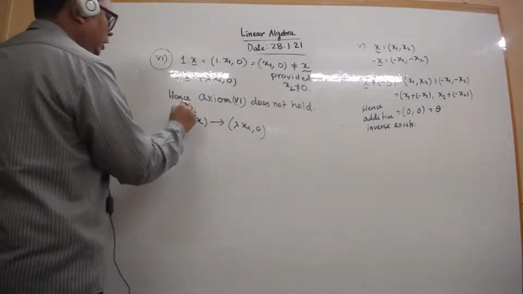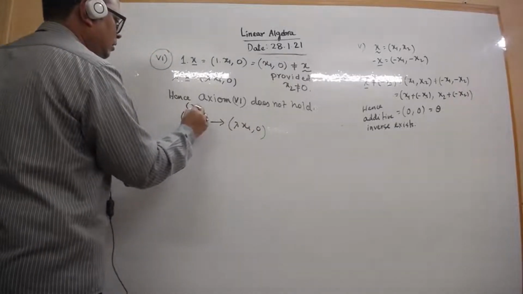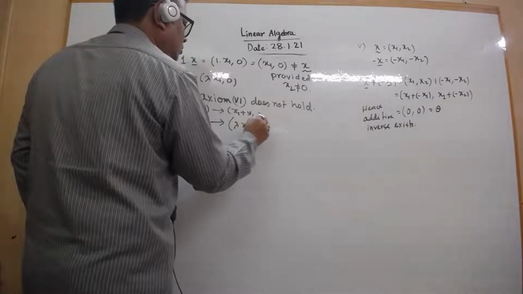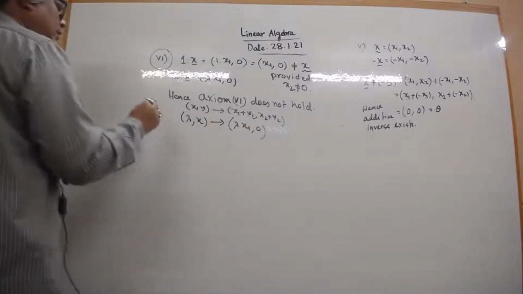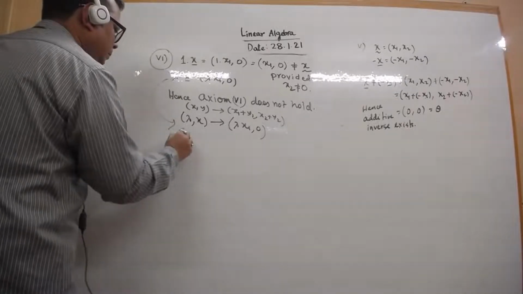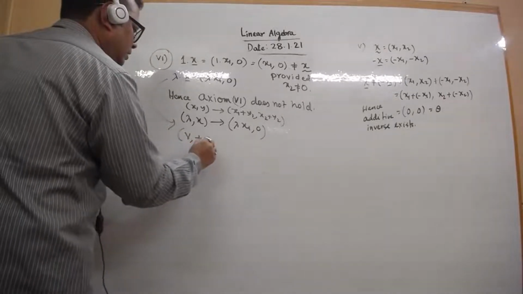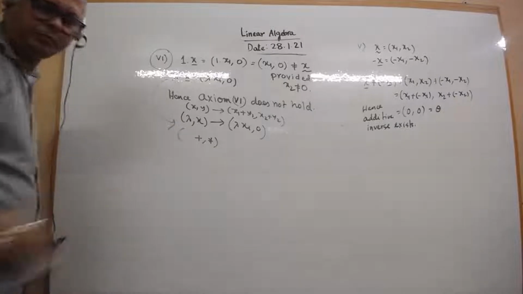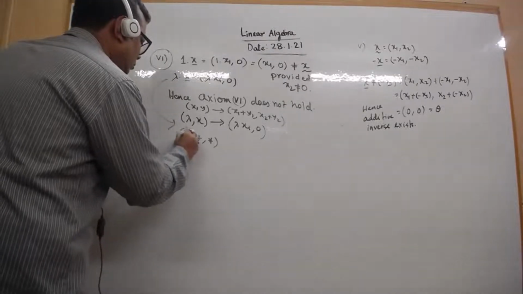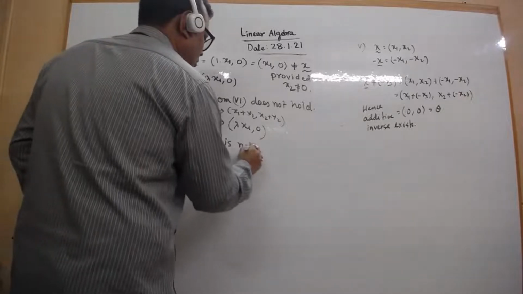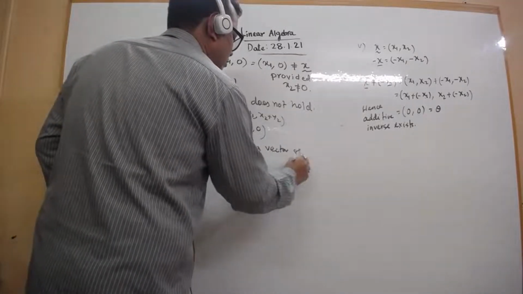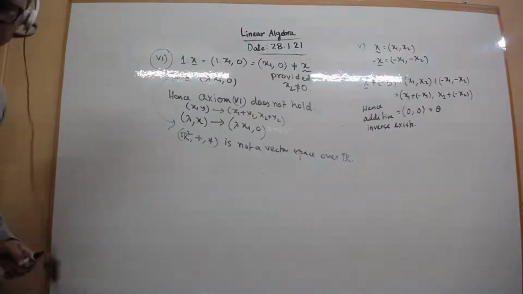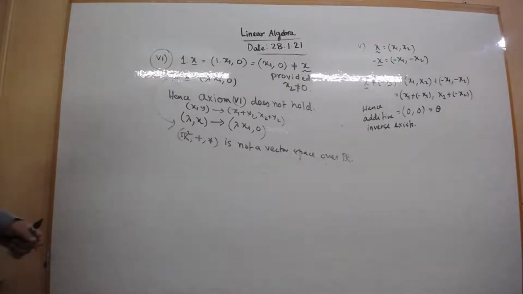Even if you define your addition in the conventional way, that is (x1 plus y1, x2 plus y2), still this is not a vector space under this operation.